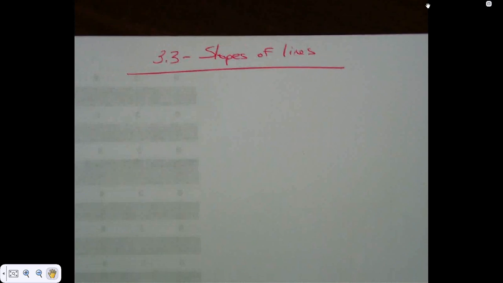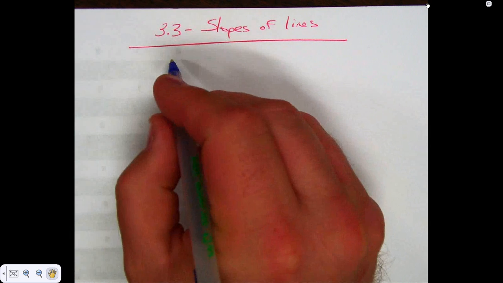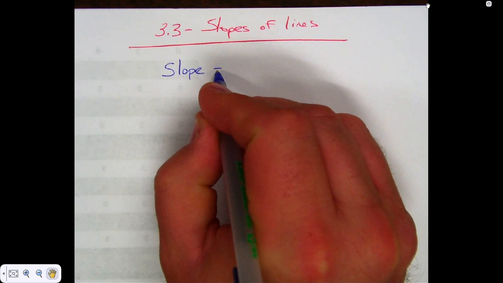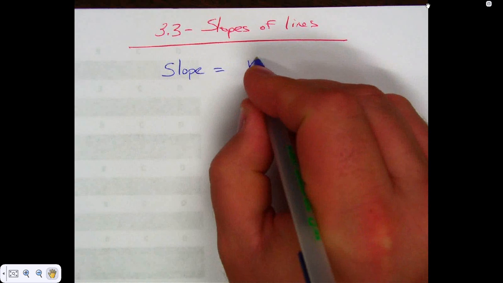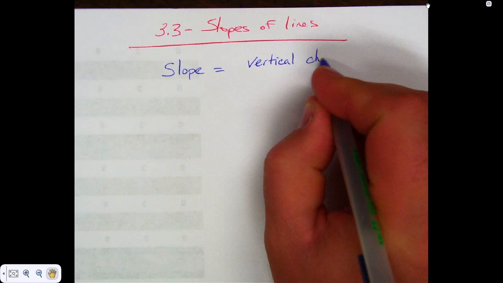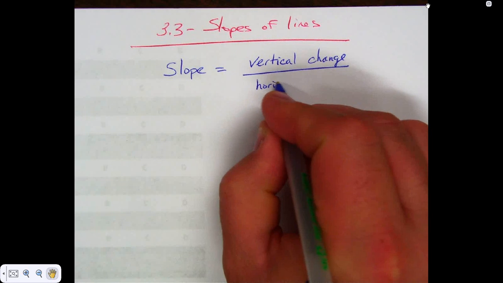Slopes of lines. You guys remember what slope is by definition? Vertical change over horizontal change.